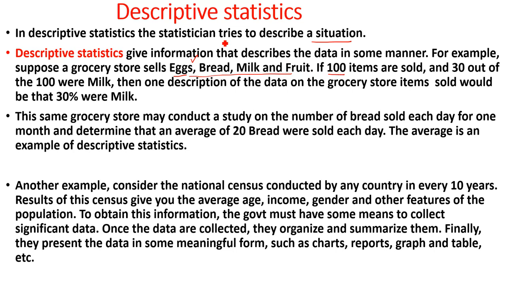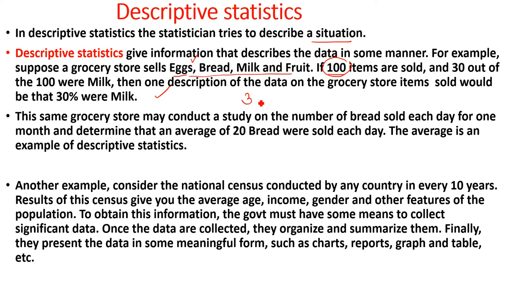When they collect data, organize data, summarize data, at the end they find out that 30 out of 100 were milk. The focus is on 100 because we know the total amount they are selling. Then one description of the data on the grocery store items sold would be that 30% were milk.